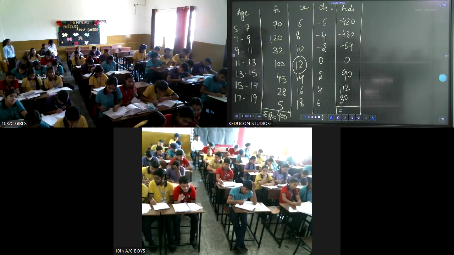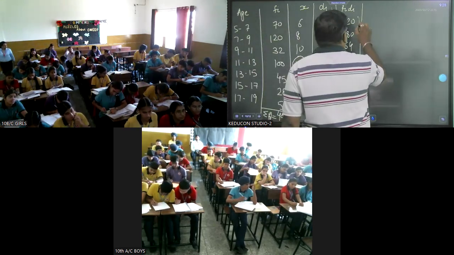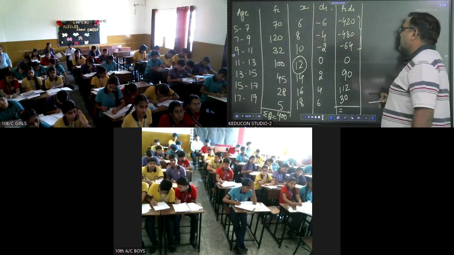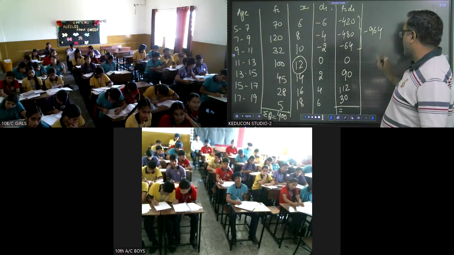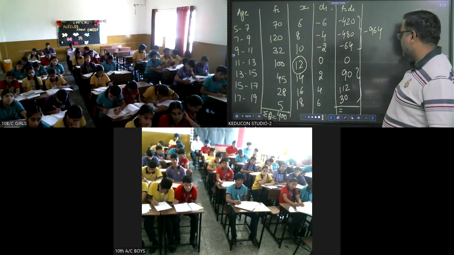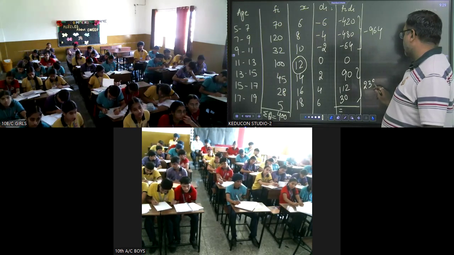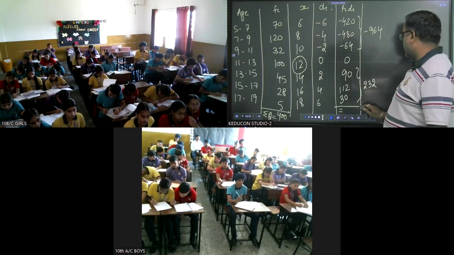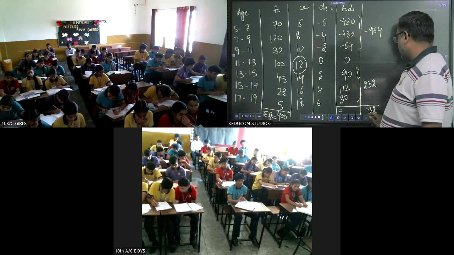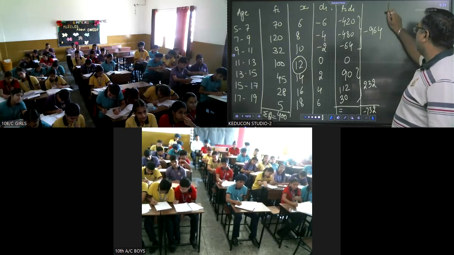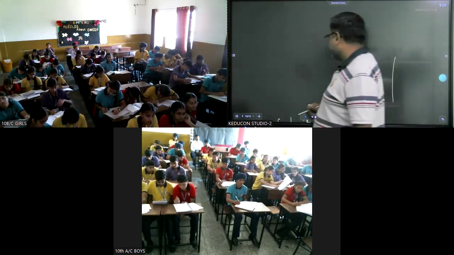Minus 732. The sum of these comes out to be minus 964. Here it will be 232. Subtracting these, how much did we get? Minus 732. Now apply the formula.